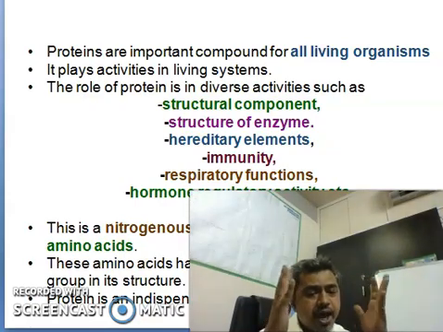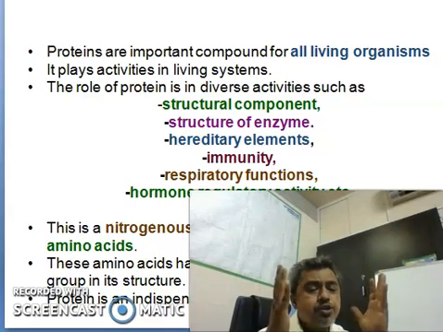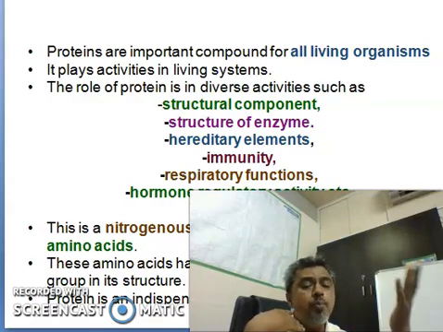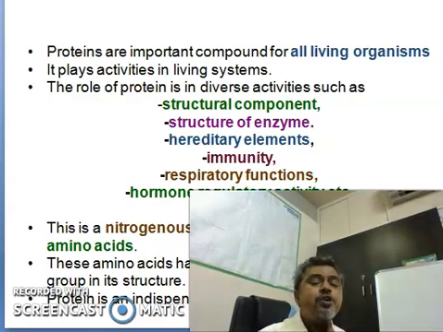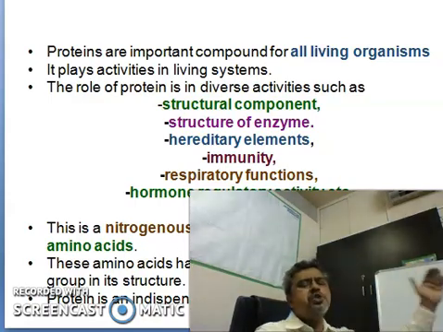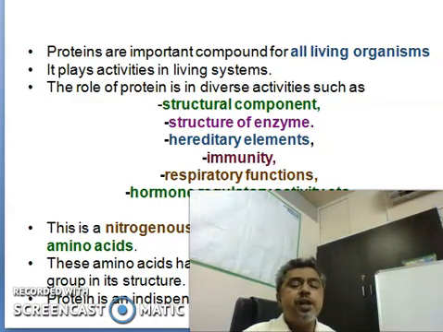Certain proteins carry hereditary elements too. There are IgG and IgE, the immunoglobulins, for immunity, and respiratory functions. Certain proteins are used in hormone regulation. So this is a nitrogenous compound, a variety of amino acids joined together to form proteins. One amino group and another carboxyl group continue in a chain, and protein is indispensable, essential to substances of life.